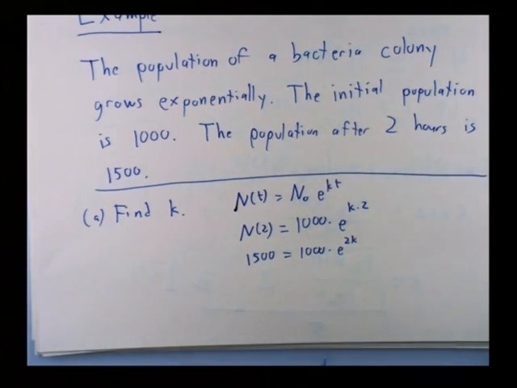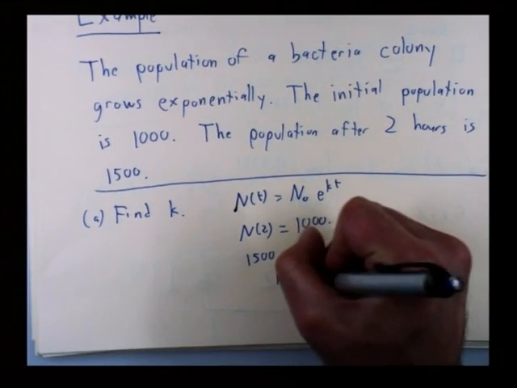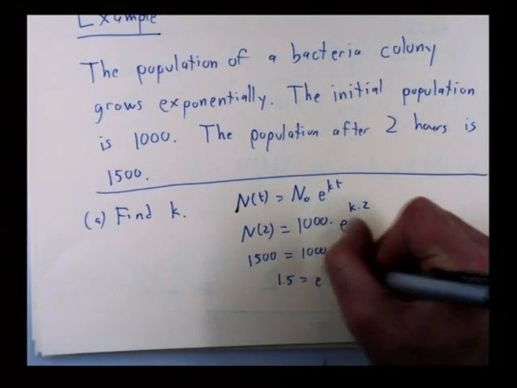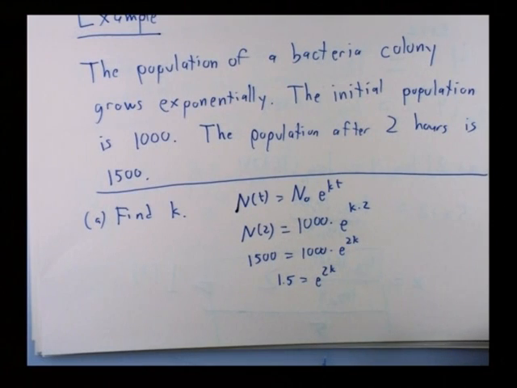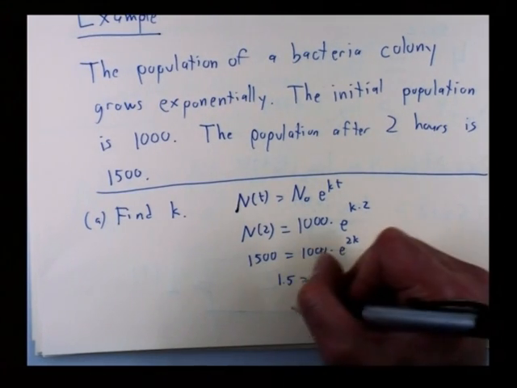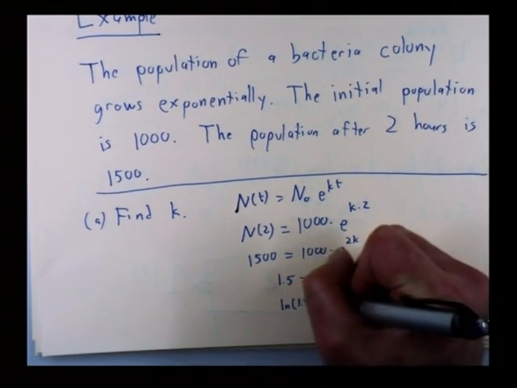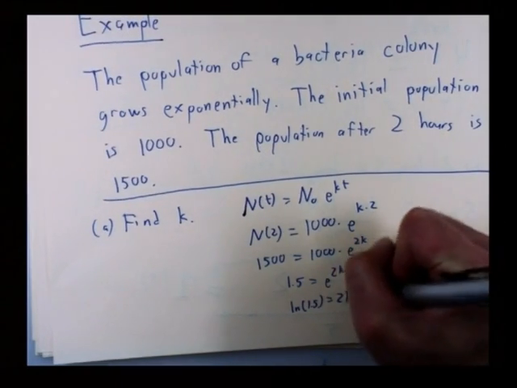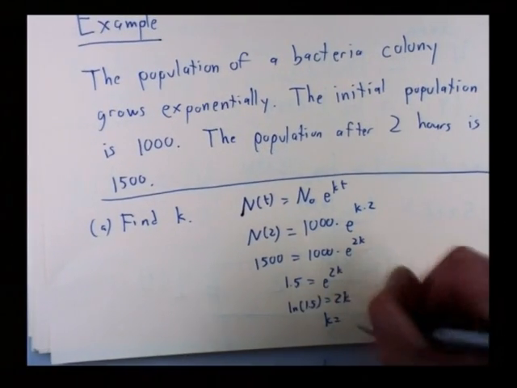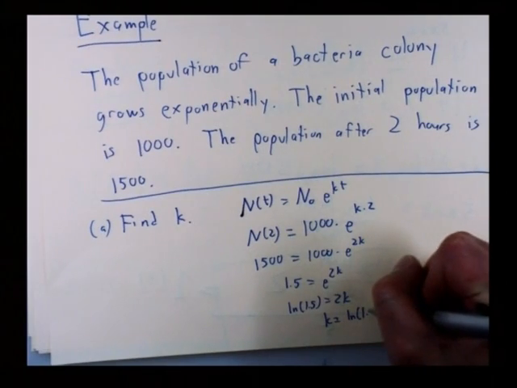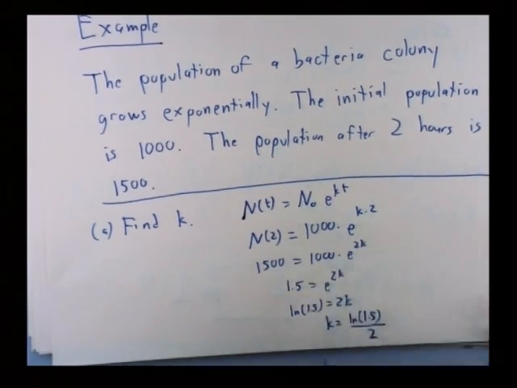Now all we have to do is solve. If I divide both sides, I should get 1.5 equals e to the 2k. I want to get k by itself, so take the natural log of both sides. The natural log of 1.5 is 2k, and therefore k is equal to the natural log of 1.5 divided by 2.